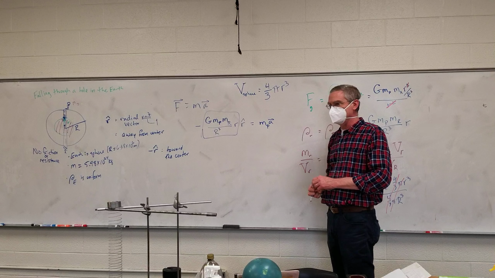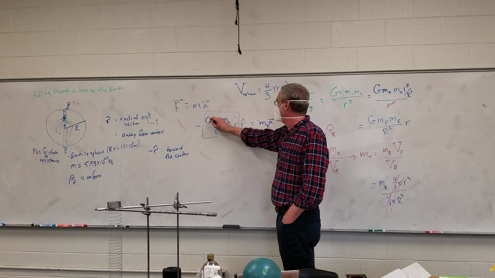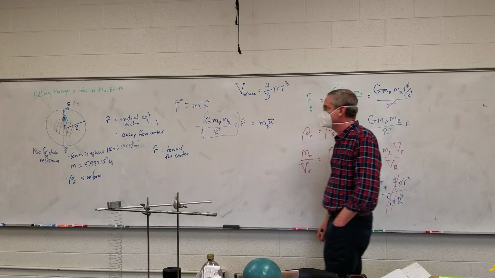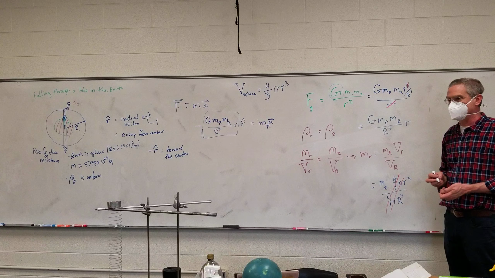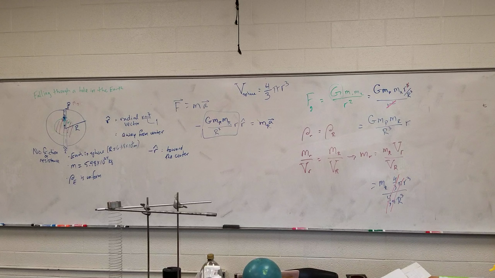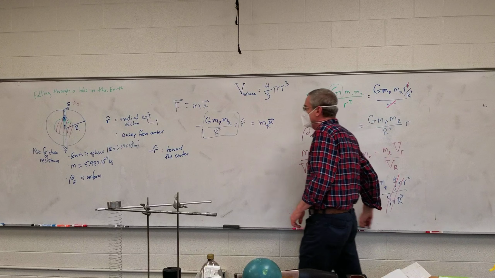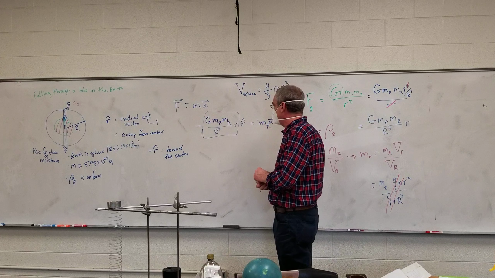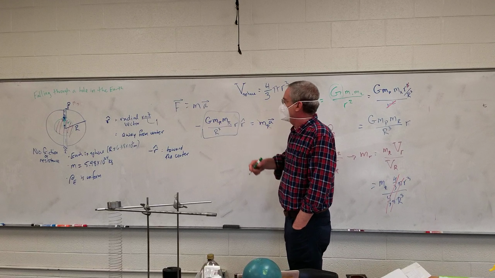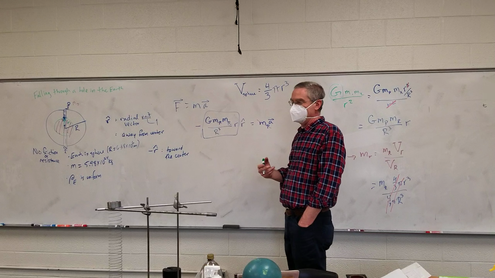We can simplify it just a little bit. The mass of the person cancels out, which is just as well because you're typically not given this mass in a problem like this. The acceleration would also have to be radial.